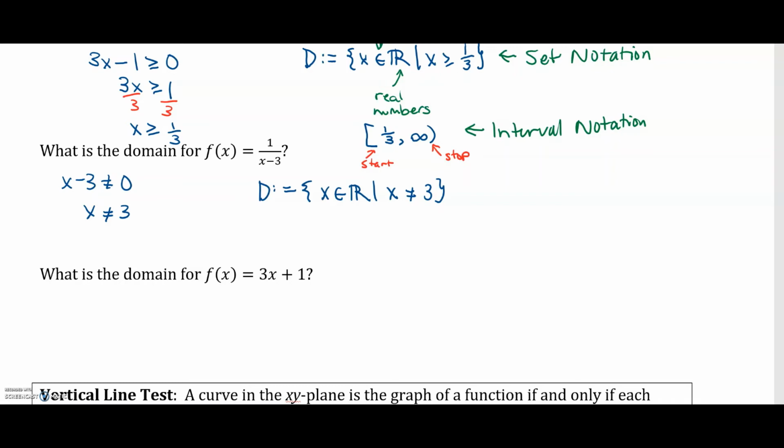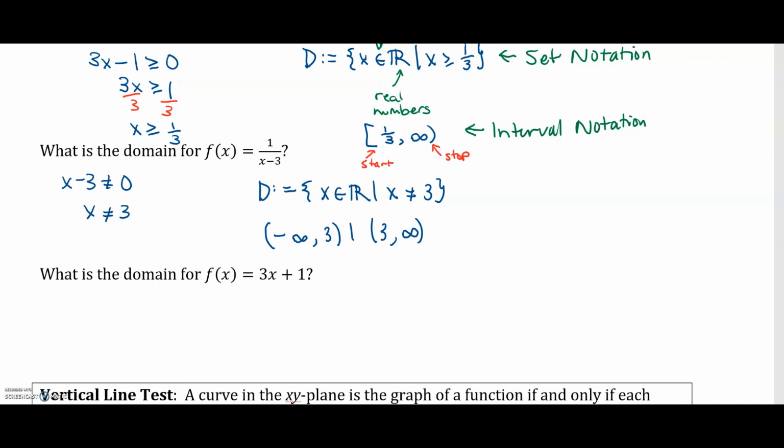And we can also write this in interval notation. The only thing with interval notation is that there are two different intervals that we need to consider: the interval from negative infinity up to 3, and 3 up to positive infinity.